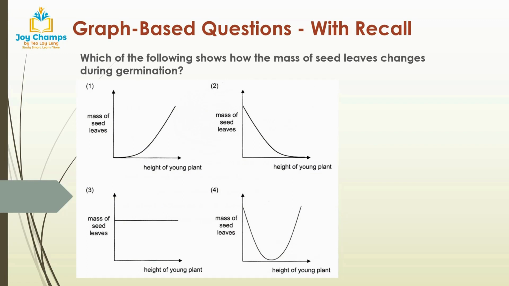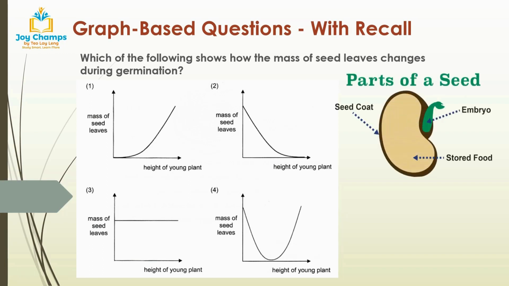So in this case, you need to understand what is germination and what are the parts and functions of a seed. Otherwise, you will not be able to know which is the correct graph that shows the changes. So now let's take a look at the parts of a seed. Typically, a seed has 3 parts.